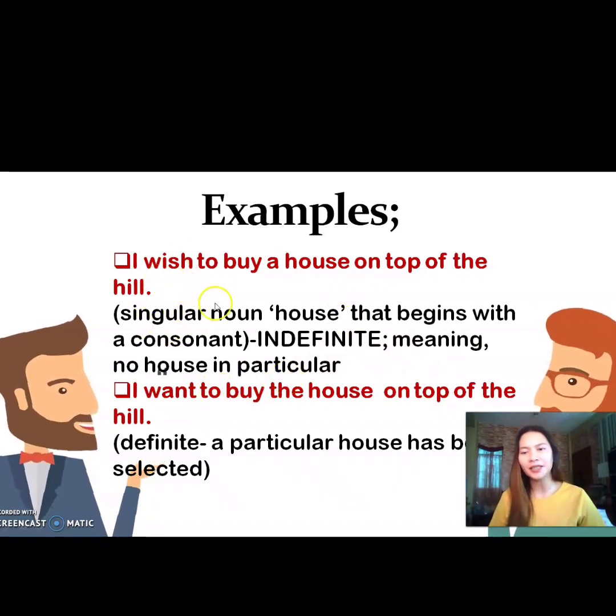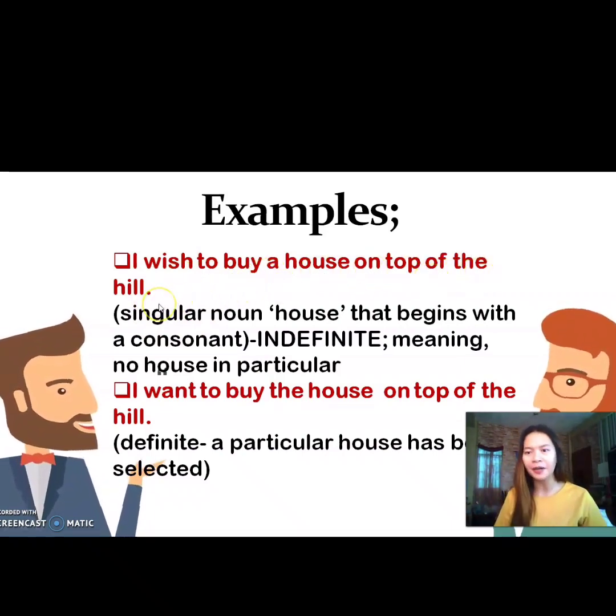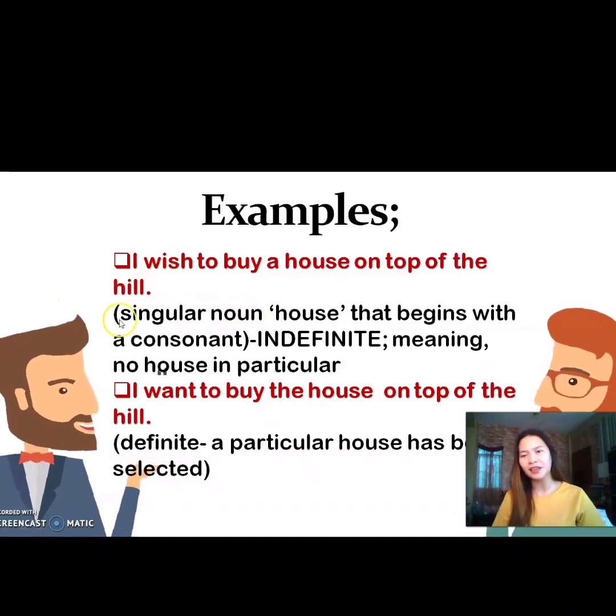So the person speaking here is talking about no particular house to buy. There's no specific house for him or her to buy on top of a hill.